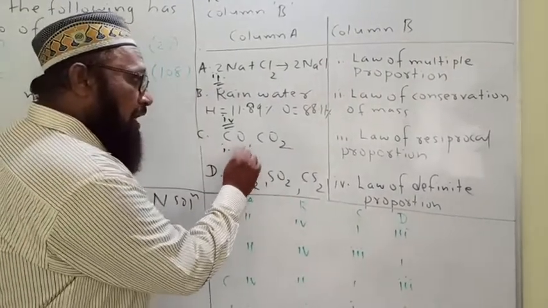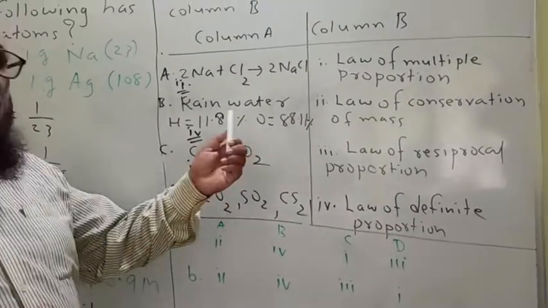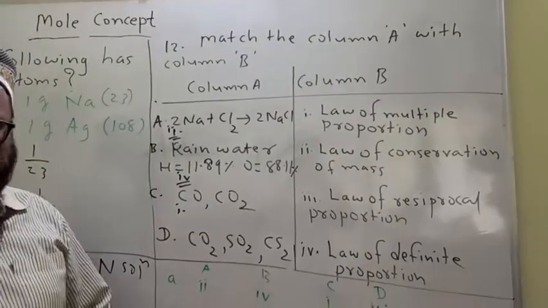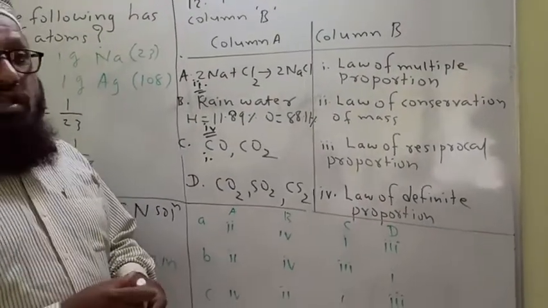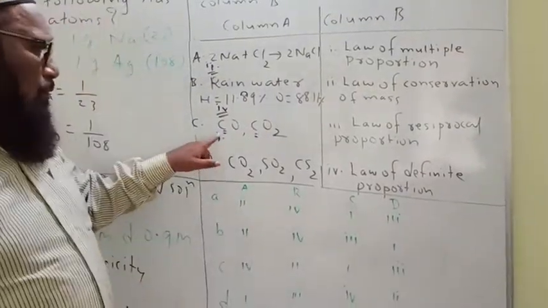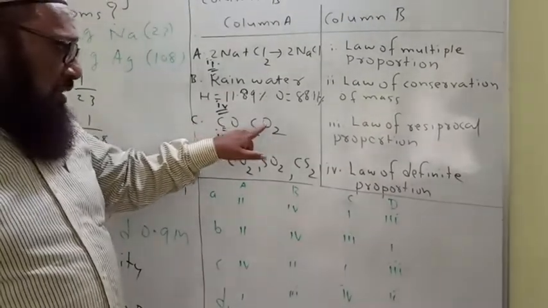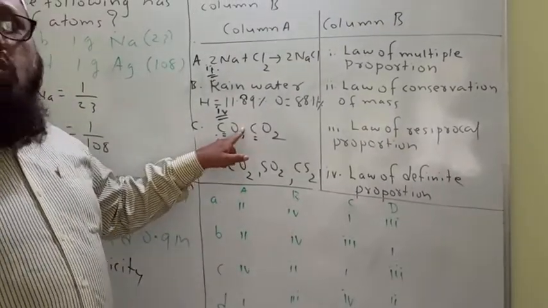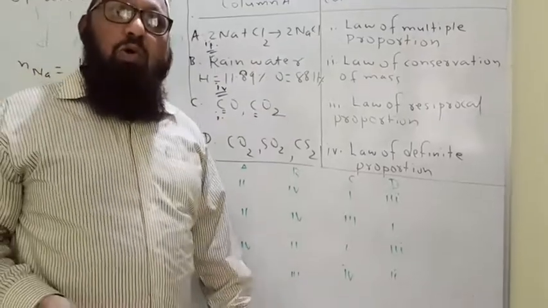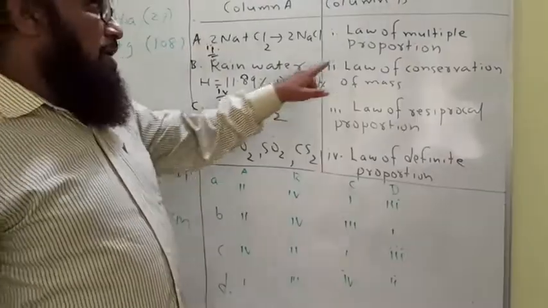When two elements combine, here carbon and oxygen, two different elements combining with each other, then a fixed mass of one element that combines with the other element gives a simple whole number ratio. This is the law of multiple proportion.